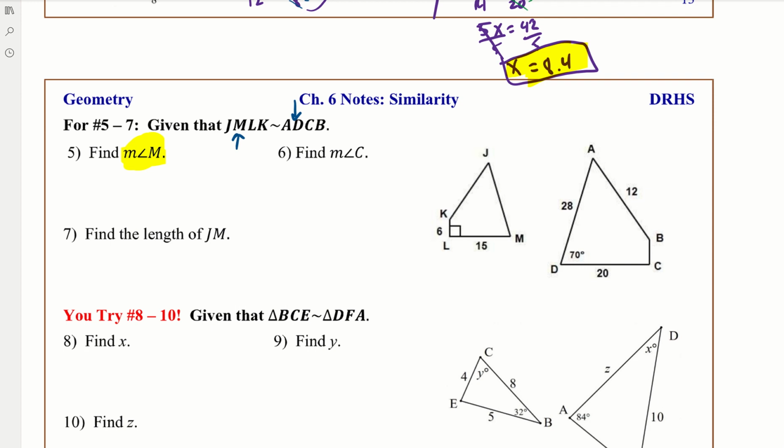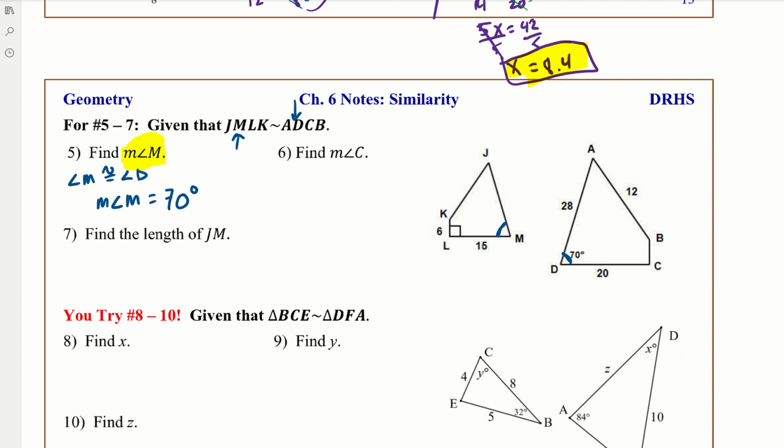So I know that angle M is congruent to angle D. There's M, there's D. They told me what D is. So the measure of angle M is 70 degrees.